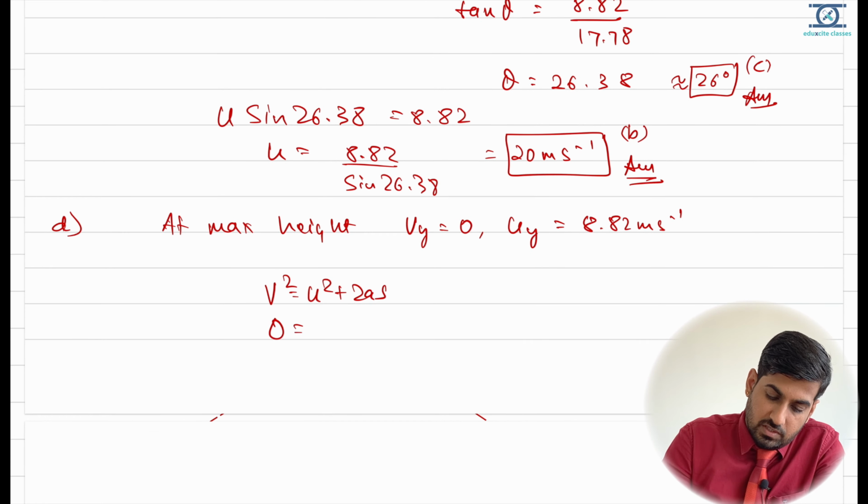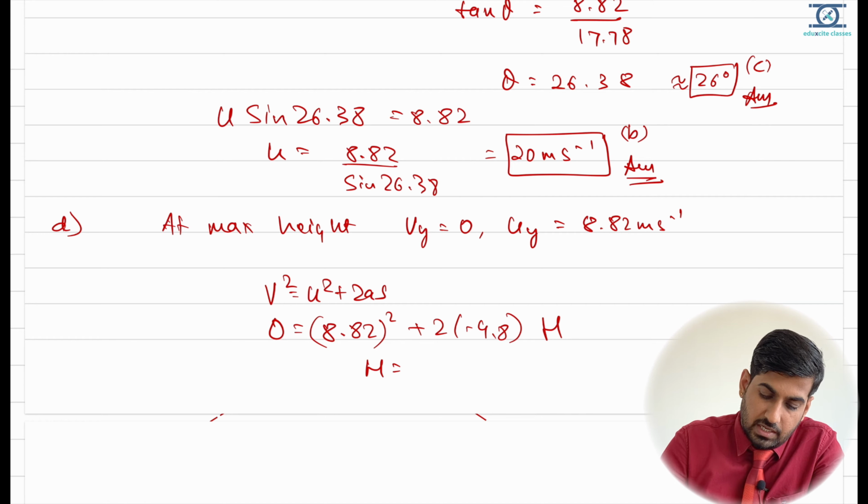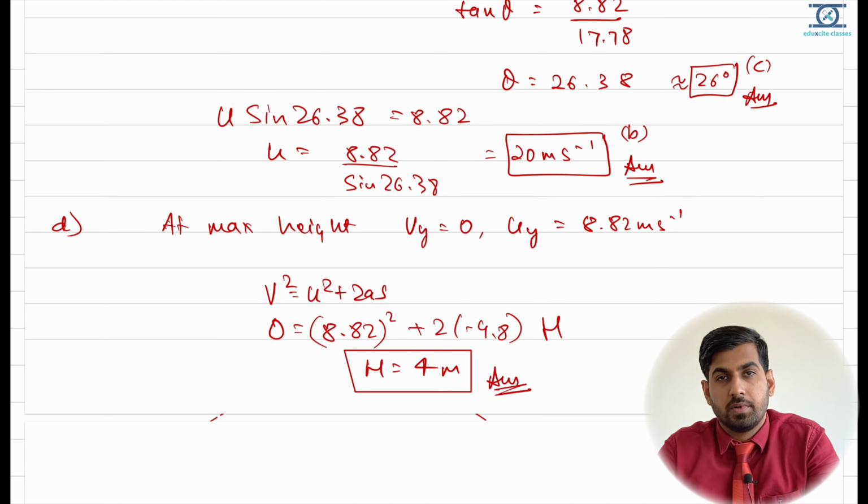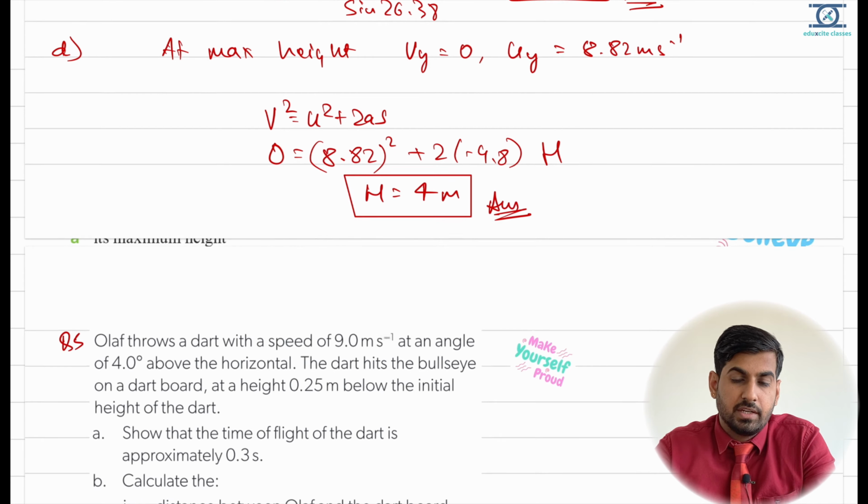So this will be 0 equals 8.82 square plus 2 into minus 9.8 into h. So if you solve for this, you will get h as something around 4 meter. That's the answer for your D part. Okay, I hope it is quite clear. If you have any doubt, just let me know.